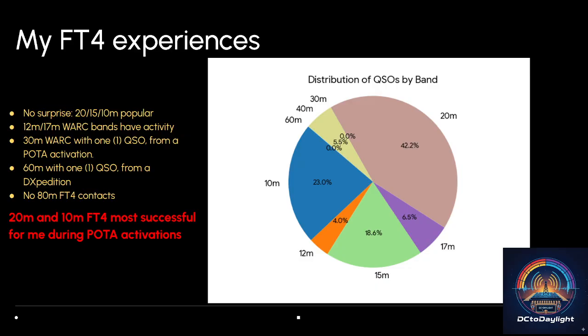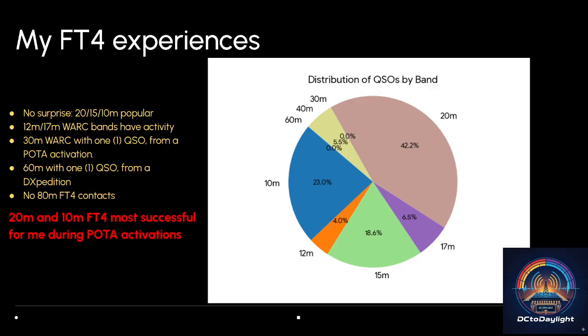My key takeaway from this is within my success within POTA, 20 meters and 10 meters FT4 have been the most successful for me. And to drill down even further, green line activations, end of Zulu day, beginning of Zulu day activations, specifically on 10 meters when the band is open.